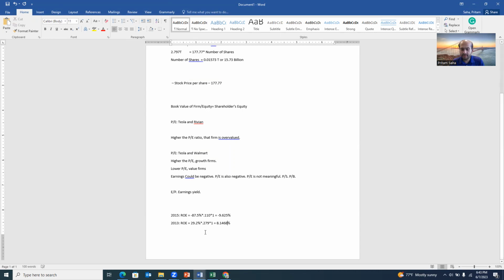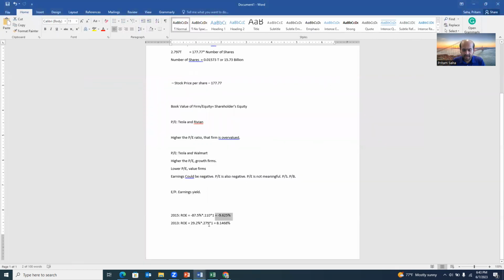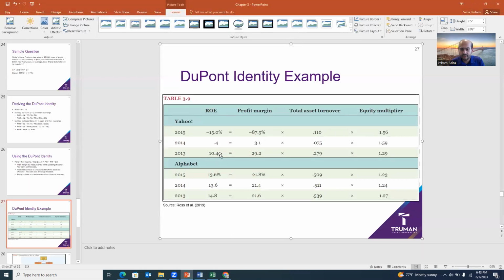Now let's compare with the real value. For 2015, if we assume equity multiplier is 1, your return on equity should be negative 9.6%. Here, negative 15 is worse, right? For 2013, if we assume equity multiplier is 1, you should have 8.14% return on equity. Here, 10% is better.